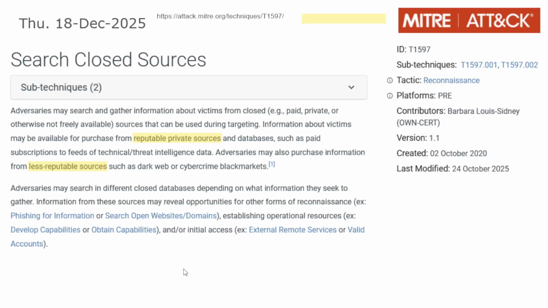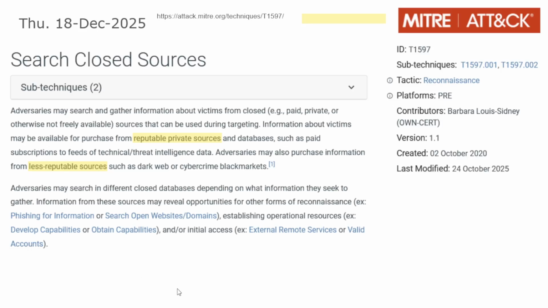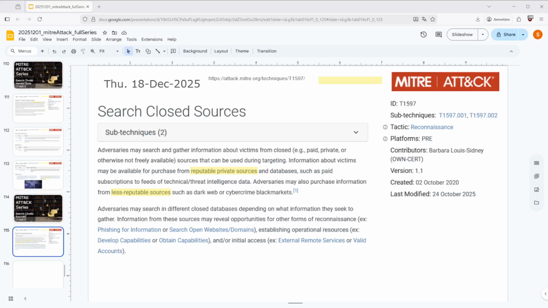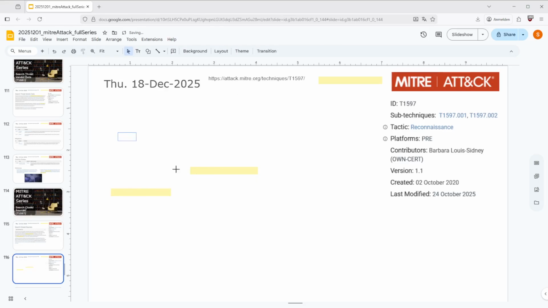Develop Resources, that terminology needs to be understood as well. And then Initial Access, External Remote Services, we covered that. Valid Accounts, that one is famous. We will get to that as well. Okay, so that's the first view of what we have here.